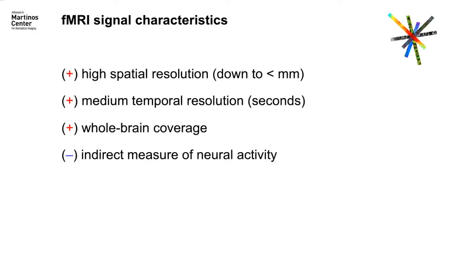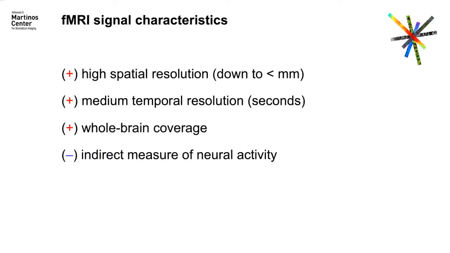That is beneficial, for example, if you want to study some subcortical structures or nuclei. For example, in MEG or EEG, we can usually measure only the cortical activity. So that's a benefit of fMRI.